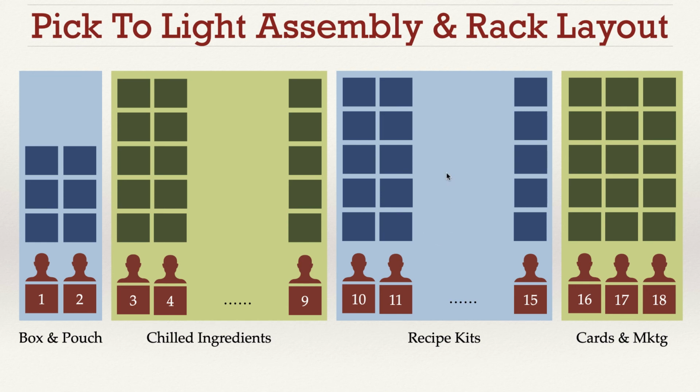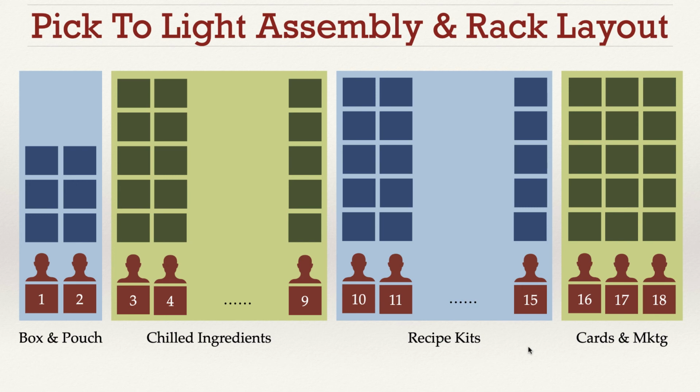The third section is where they pick the recipe kits, and finally they add the marketing material. The boxes go from left to right, and as they go through, they scan the QR code on the box, and the corresponding rack positions light up. That's why we call it a pick to light system. They pick those ingredients and pack them in the box, and finally the boxes are assembled and shipped. That's how the process works.